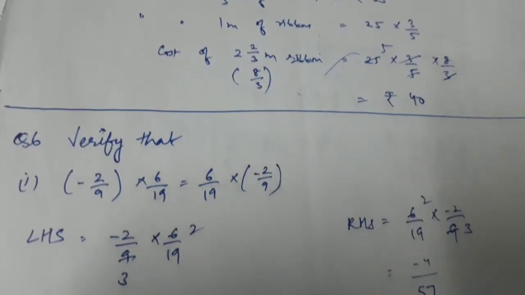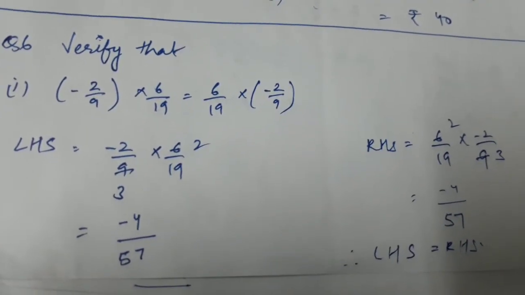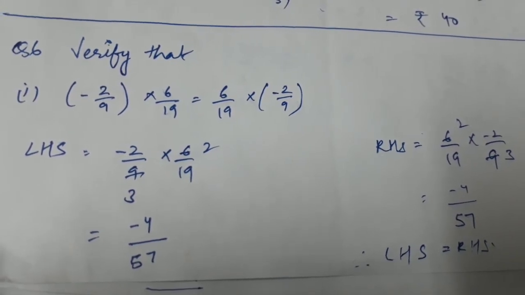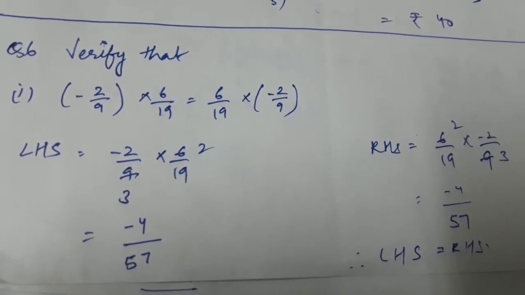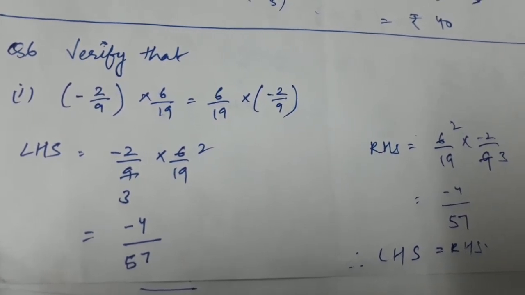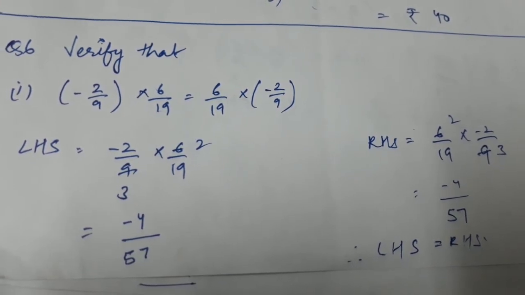In question number 6, first part, we are to verify the commutative property, which is the property of multiplication. Here LHS would be minus 2 by 9 into 6 by 19.